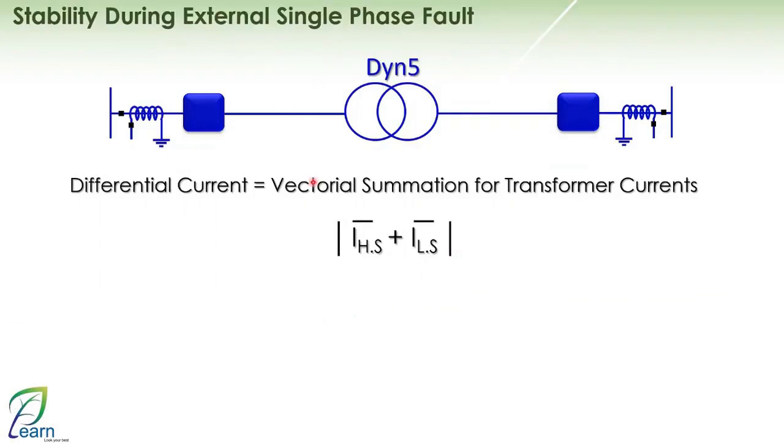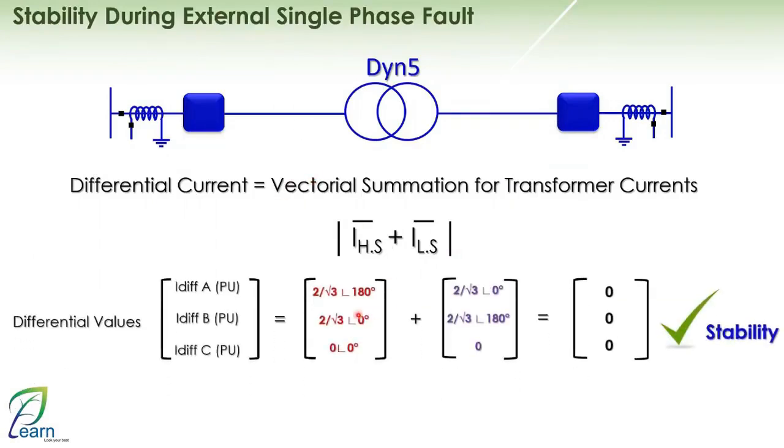We see differential current 2 over the square root of 3 angle 180 and 2 over the square root of 3 angle 0, then 0, 2 over the square root of 3 angle 0, and 2 over the square root of 3 angle 180, 0. Adding gives 0 and the stability condition.